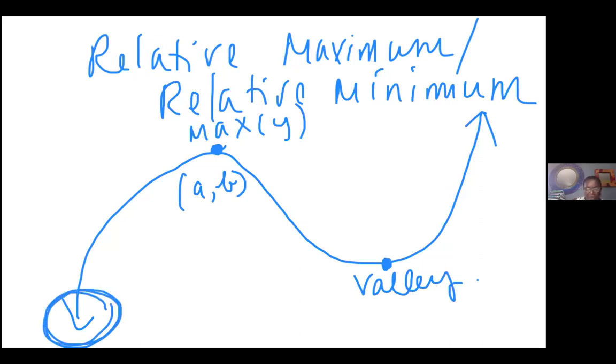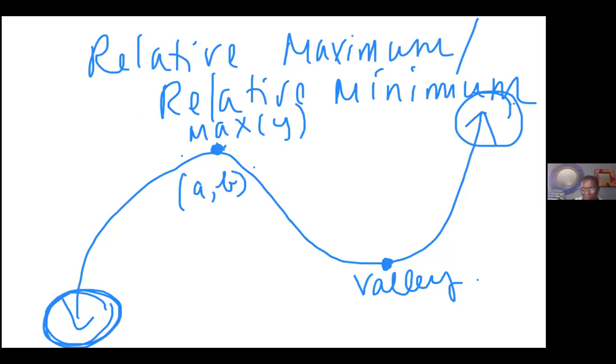It's getting smaller and smaller on the left. It's decreasing to -infinity on the left, and on the right side, it's increasing to +infinity. So this is not definitely the highest point on the graph. It's just a relative maximum because the graph continues to increase. But in regards to the points around it, this is the relative max.